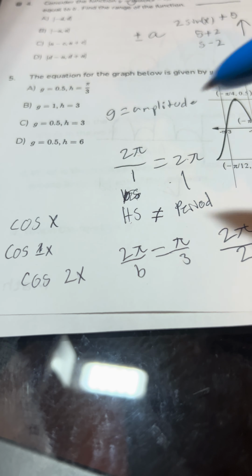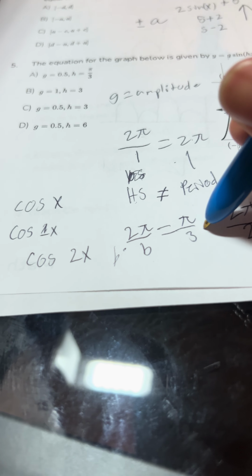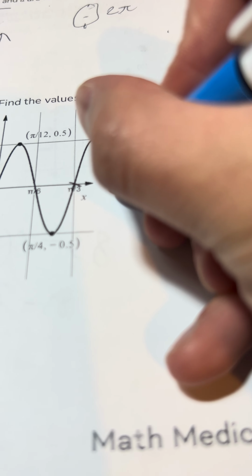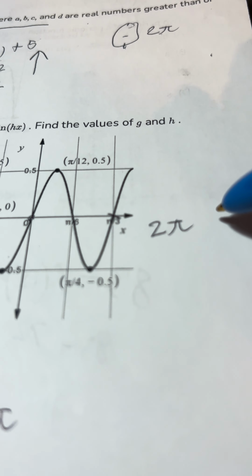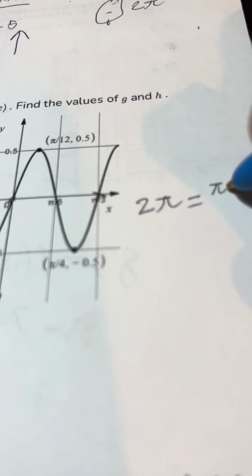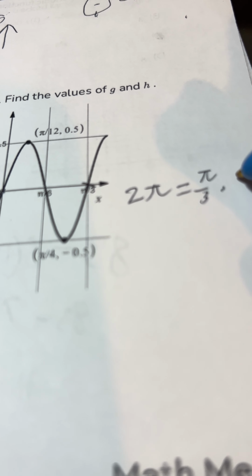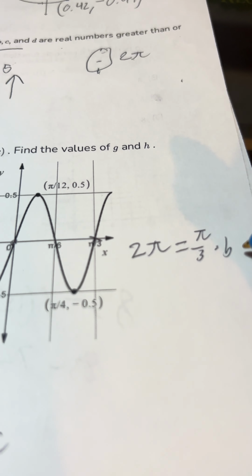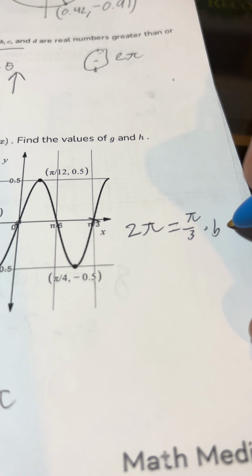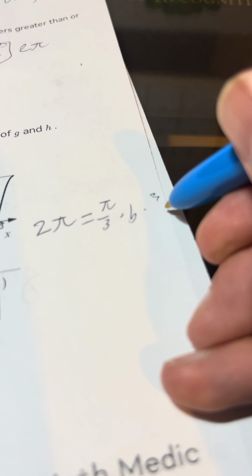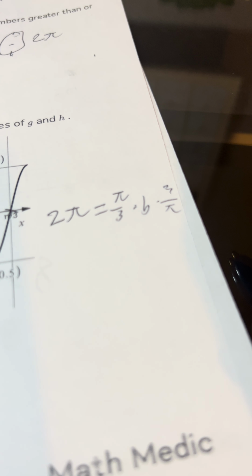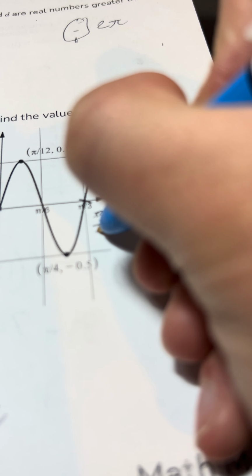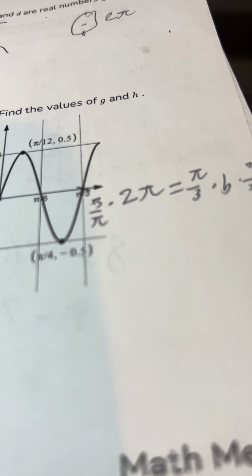Now we just solve for b. So I'm going to multiply by b on both sides and move all that over here. So now we have 2 pi is equal to pi over 3 times b. To get rid of this pi over 3, we're going to multiply by the reciprocal, 3 over pi, and do that to this side as well.